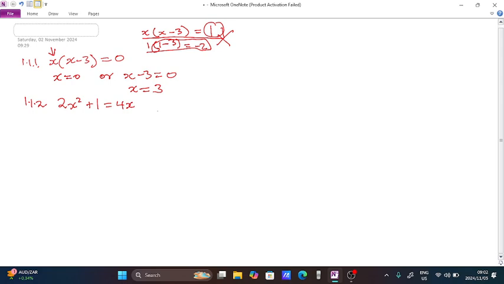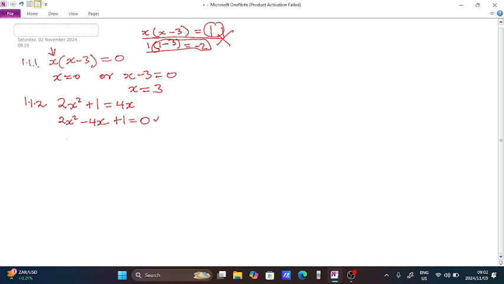Normally when they say correct to 2 decimal places, it's very clear that you're going to use the quadratic formula again. And now the first thing, before you use the quadratic formula, is to be in standard form again. So we have 2x squared minus 4x plus 1 equals to 0. That's when you get the first tick for making the standard form again.